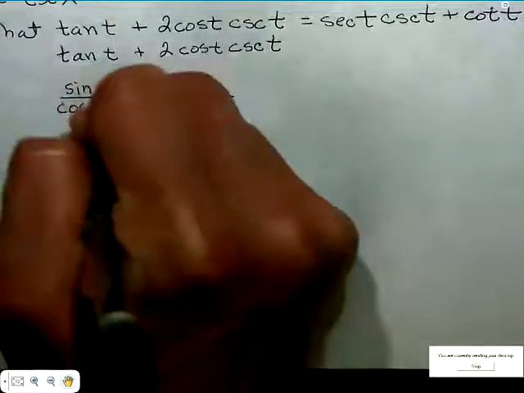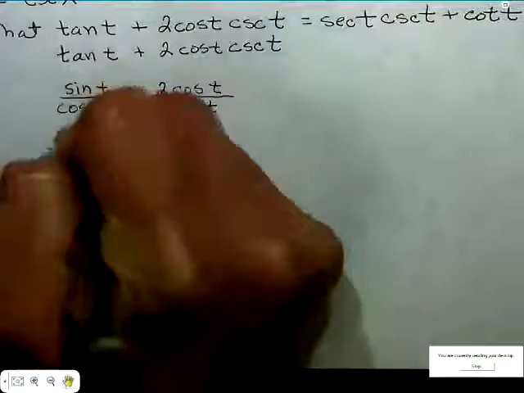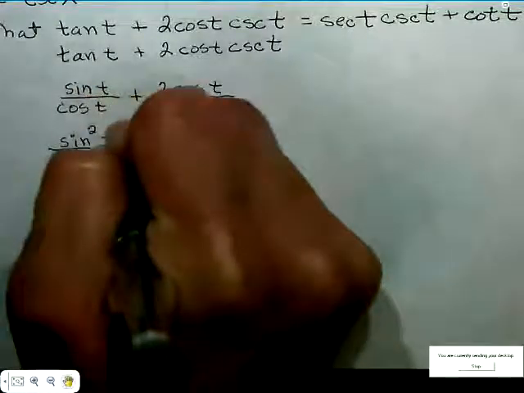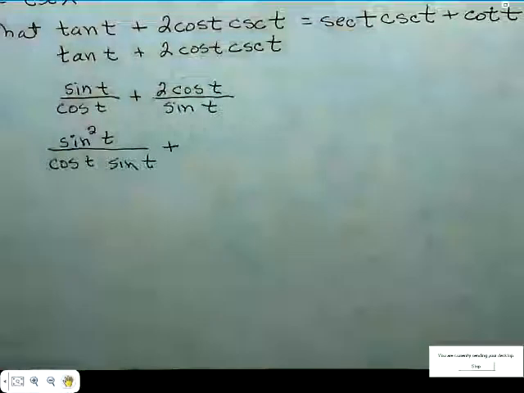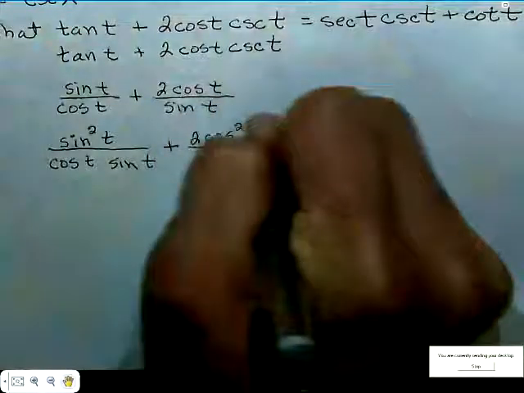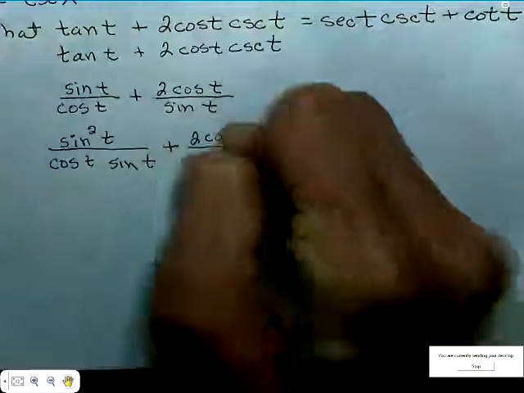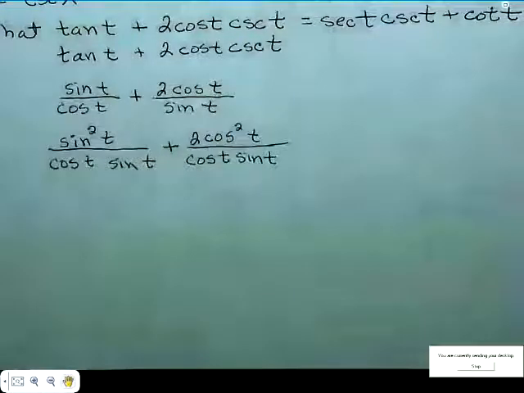That would give me sine squared t over cosine t sine t. And I have to multiply the second fraction by cosine over cosine. That would give me 2 cosine squared t over cosine t sine t.